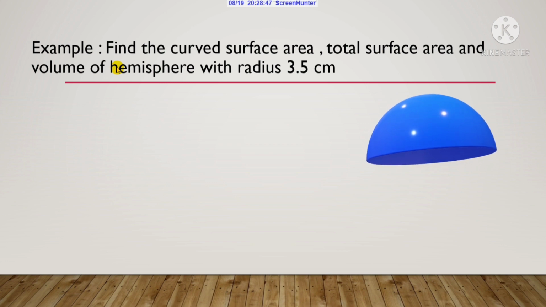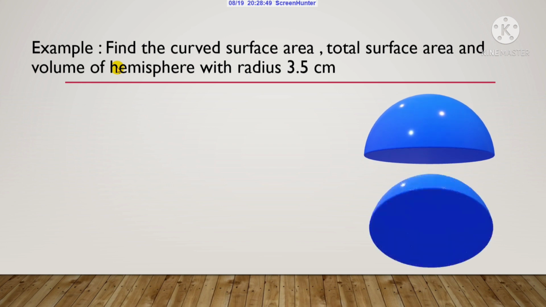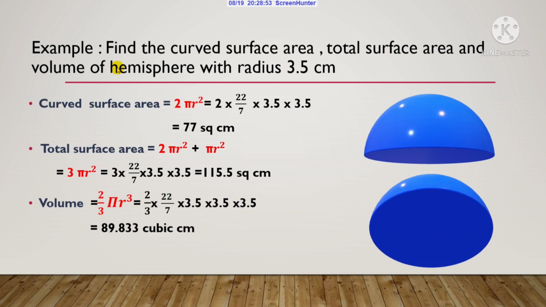If you observe the formula, directly substitute into 2 pi r square, that is curved surface area. Curved means only the top, that is 2 into 22 by 7 into 3.5 into 3.5. Calculate it, 77 square centimeters. Total surface area means this curved surface area plus base area.